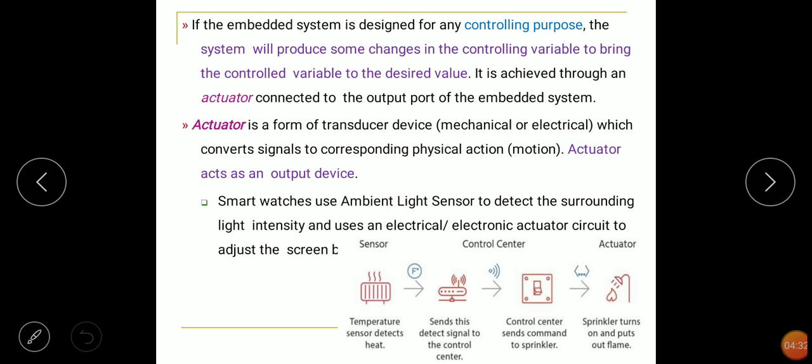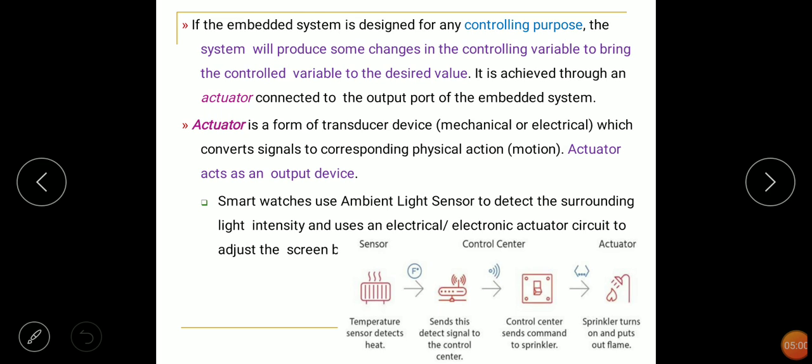It is achieved through an actuator connected to the output port of the embedded system. The actuator reads the processor signal, and according to that signal it performs the task. It may be a mechanical variation, or an output displayed visually to the human being.